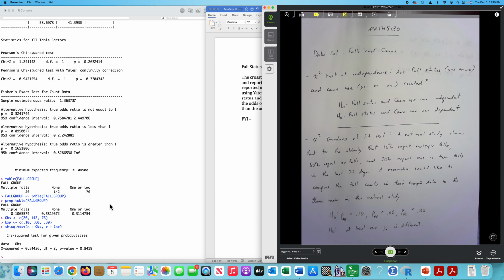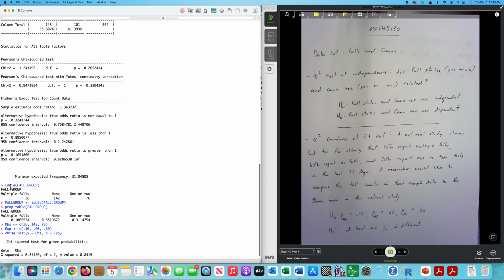So the first thing I would want to do in this context is get the table of the fall groups, another variable where I have all 3 categories of falls: multiple, none, and 1 or 2. Those are my observed cell counts for the sample data.